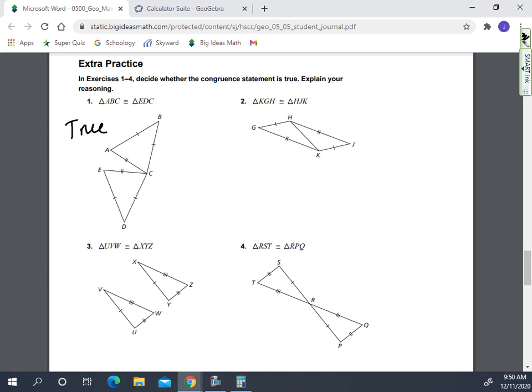This next one. KGH is congruent to HJK. So let's start with that first segment. Is KG congruent to HJ? Well, between K and G, there's two tick marks. Between H and J, there's two tick marks. So that statement checks out. Good. How about between G and H? Is that congruent to J and K? GH, JK. Are those congruent? Well, between G and H, there's one tick mark.